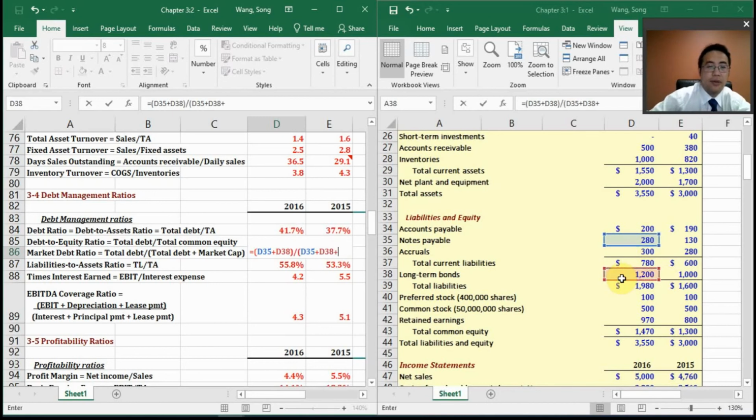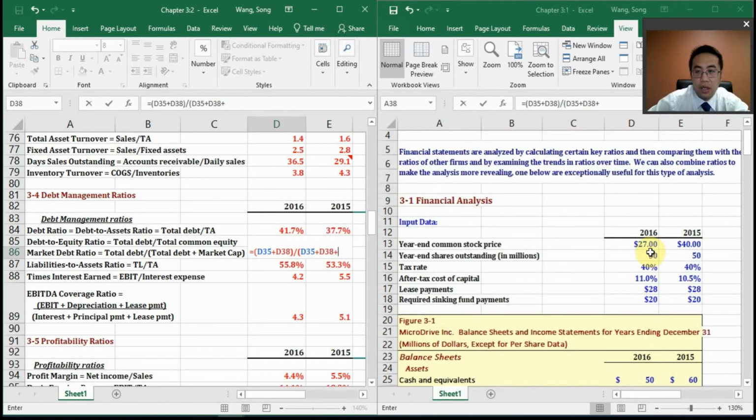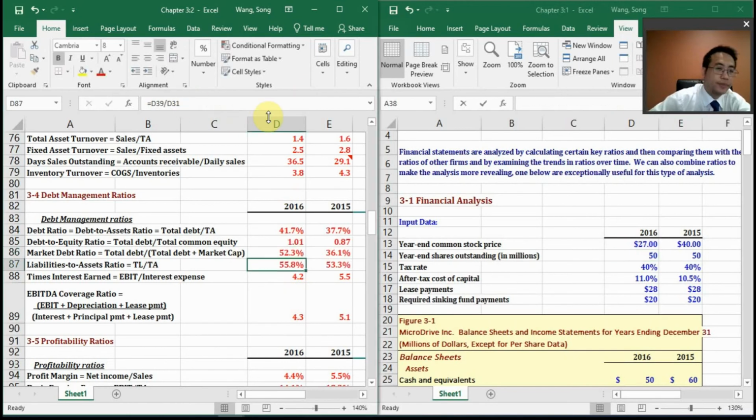And then this time I'm going to insert the market value, which is the stock price per share multiplied by the number of shares outstanding. So here is my formula. If you're not sure what to input, here is the formula bar you can follow.